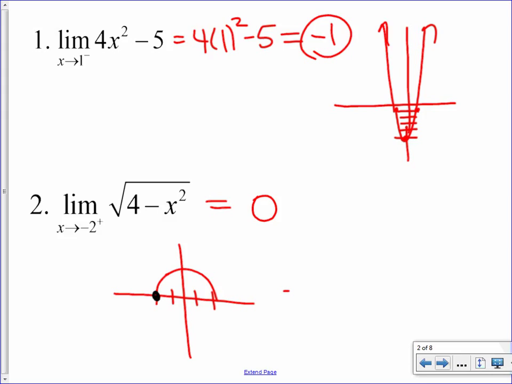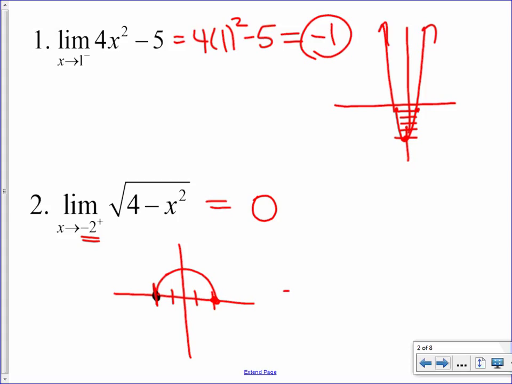We only have a right-hand limit, because here's negative 2, and we only have graph to the right of it.